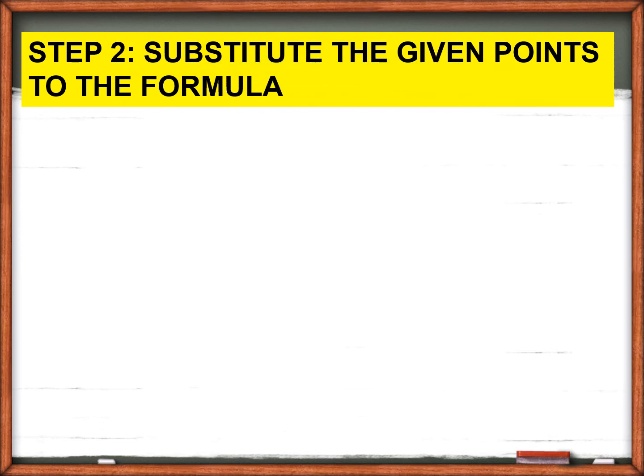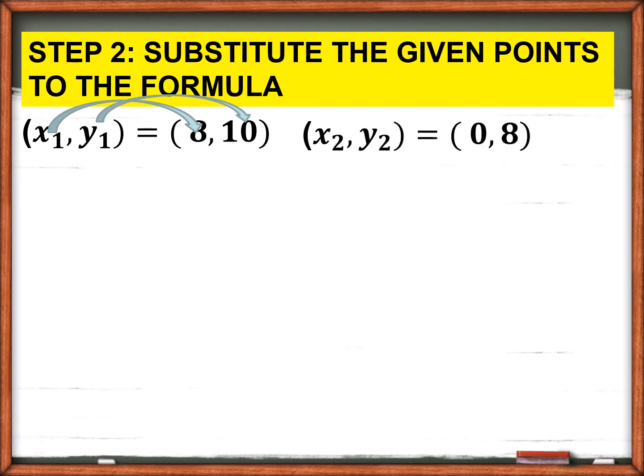Step 2. Substitute the given points to the formula. Our x sub 1, y sub 1 is (8, 10). Our x sub 1 is 8. Our y sub 1 is 10. Our x sub 2, y sub 2 is (0, 8). Our x sub 2 is 0. Our y sub 2 is 8.